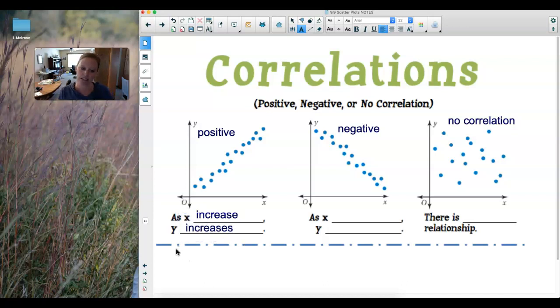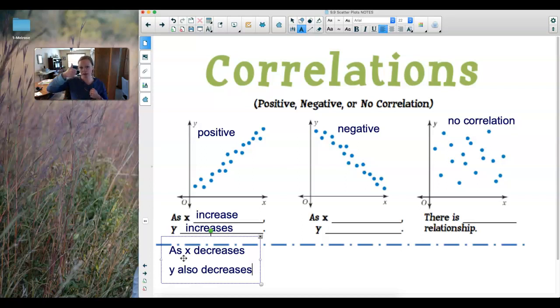Now we could say that as x decreases, y also decreases. What I mean by that is if the size of something or if a number is going up and the other set of data is also going up, it has a positive correlation. Or vice versa, if one item is going down and the other is also going down, that's a positive correlation.